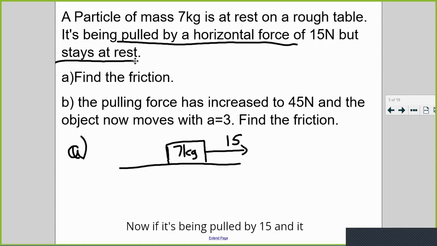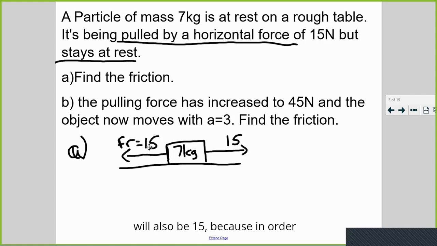If it's being pulled by 15 and it stays at rest, that means the friction will also be 15, because in order to keep it at rest, you need the same right and left force. So when it says find the friction, it's basically 15.